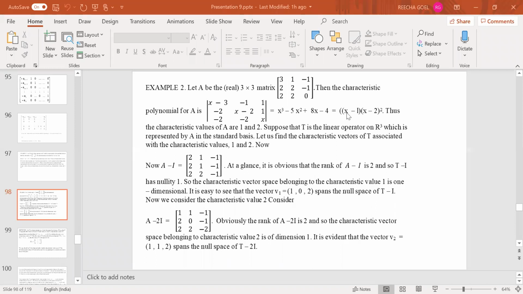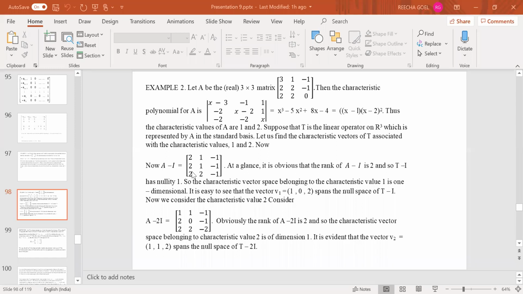If I am able to get 3 vectors, then this operator shall be diagonalizable, otherwise it won't be. For that, I will consider the null space of A minus I, taking first the eigenvalue lambda equal to 1. So A minus I is given by this one.